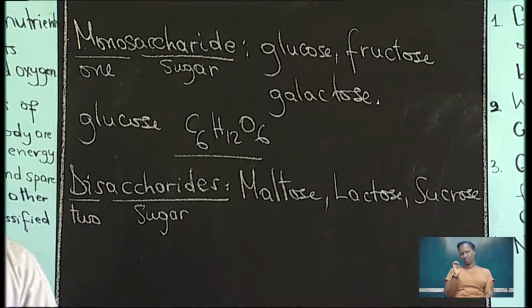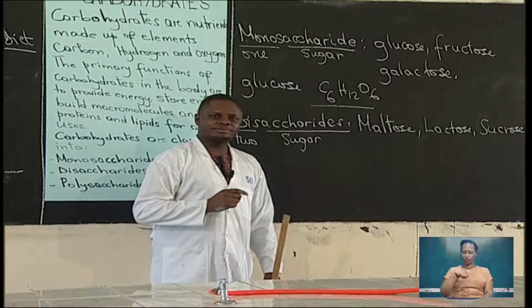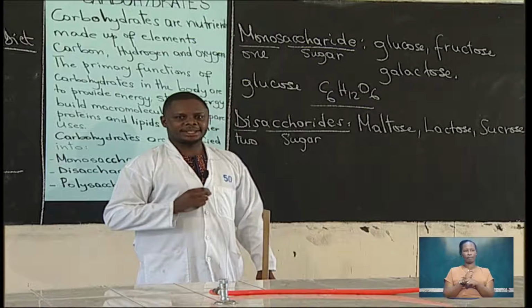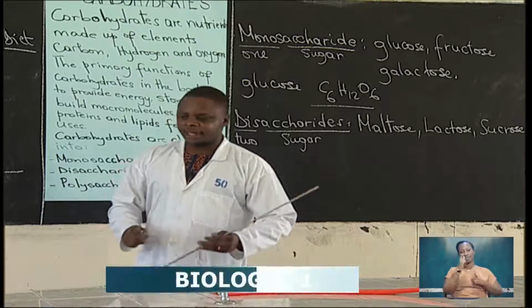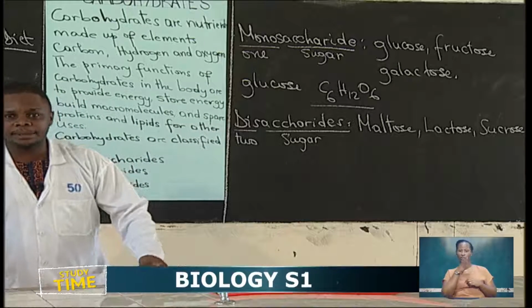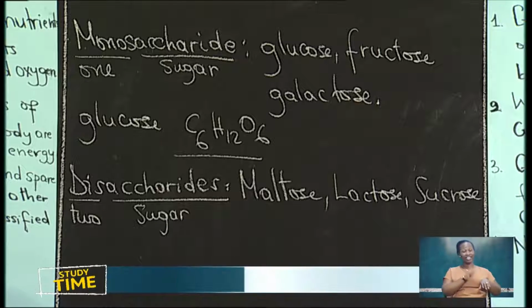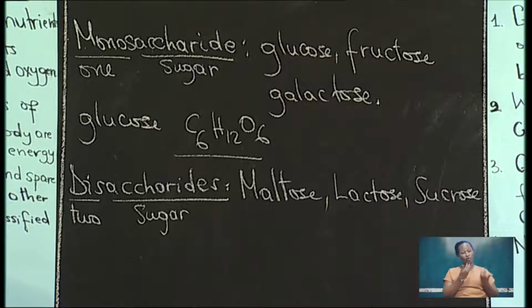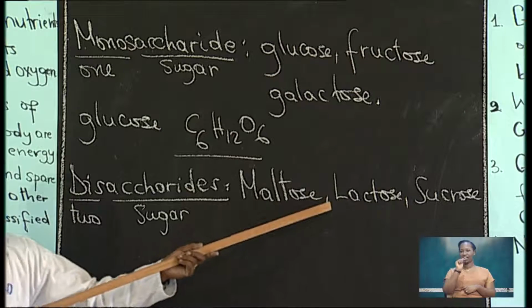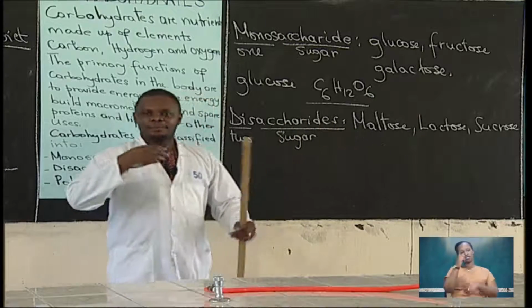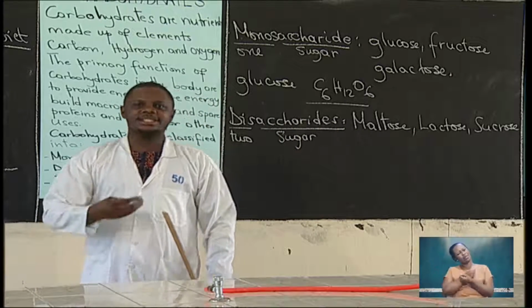Where do we find lactose? Lactose, we find it in breast milk. Have you ever seen a mother breastfeeding a young baby? When the mother is breastfeeding, that milk has lactose sugar. So babies like it. It is sweet.